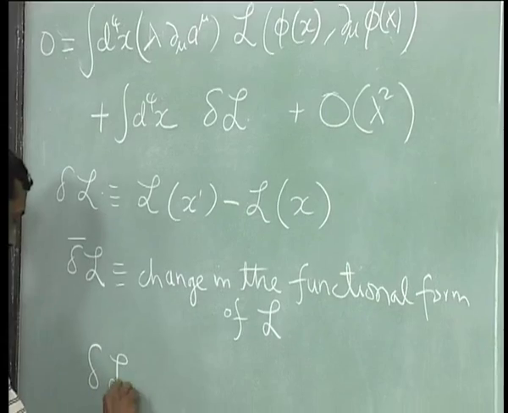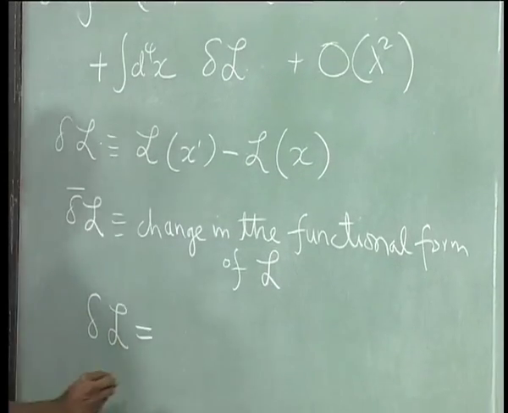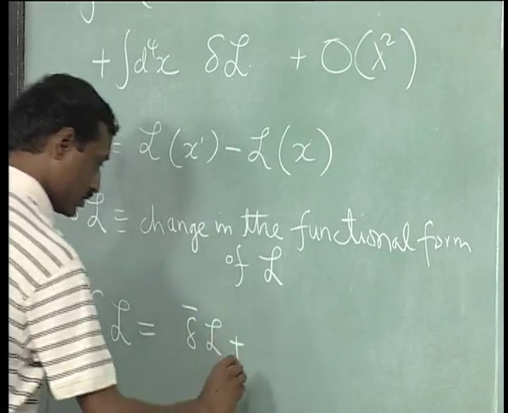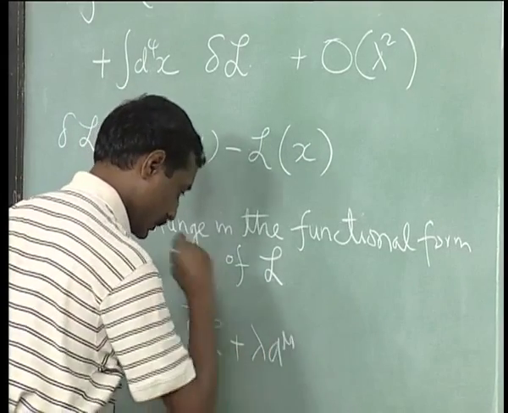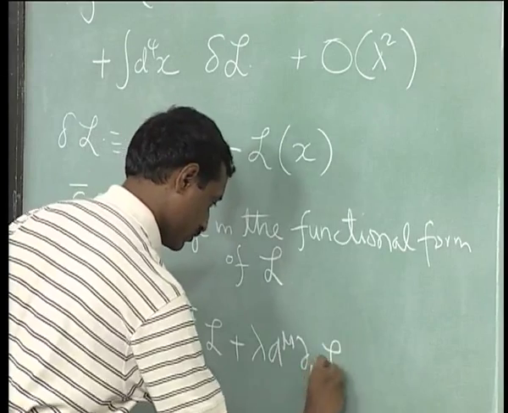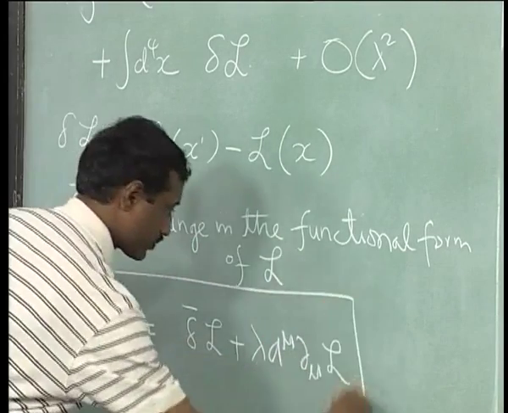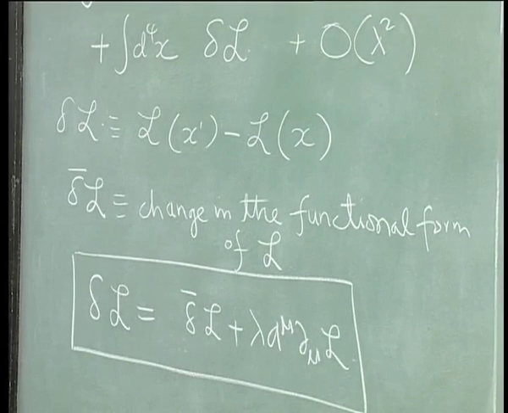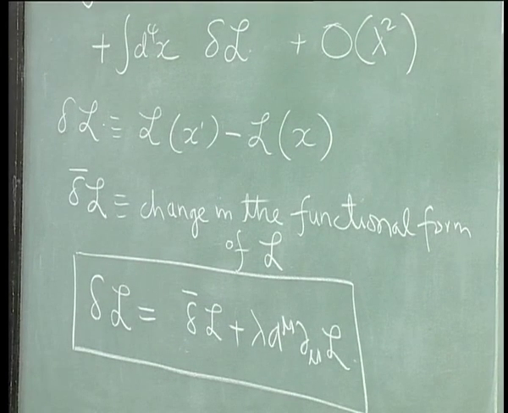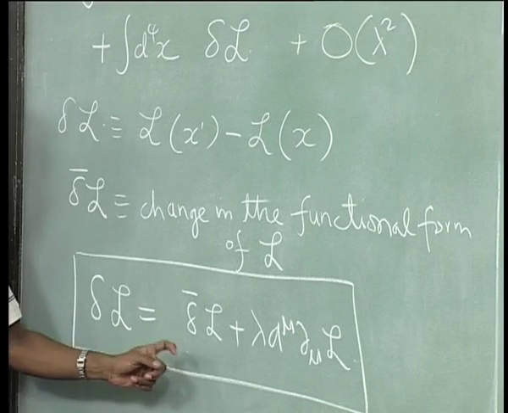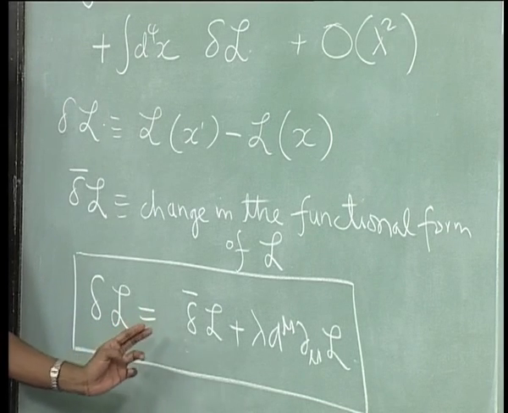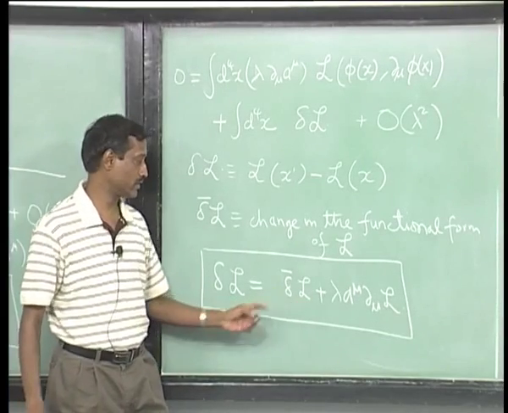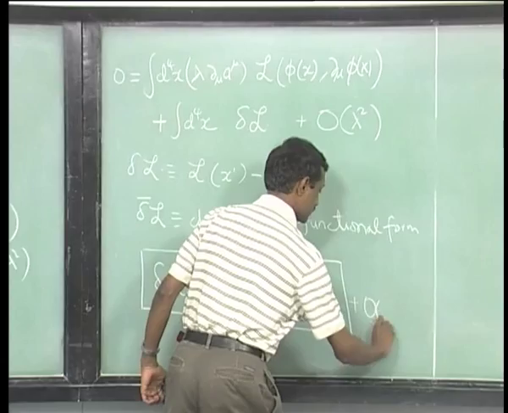We had shown several lectures ago something like this. So this is what we get, and the advantage of working with delta bar is that it commutes with spatial derivatives, while this does not. So this takes care of these things, plus order lambda square of course.